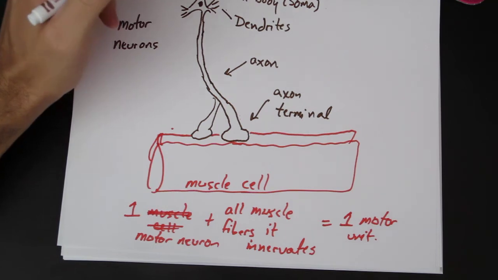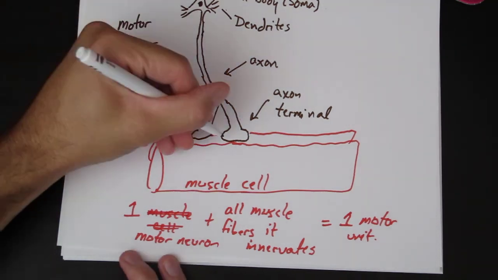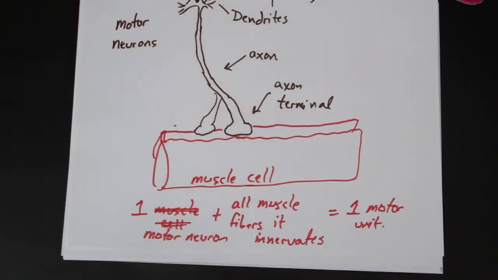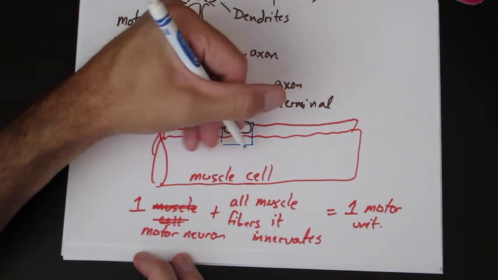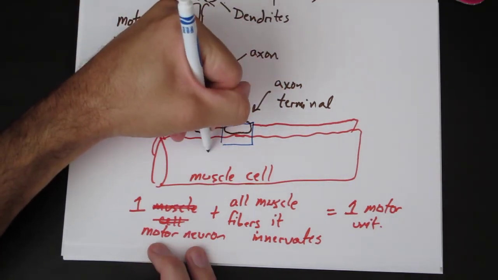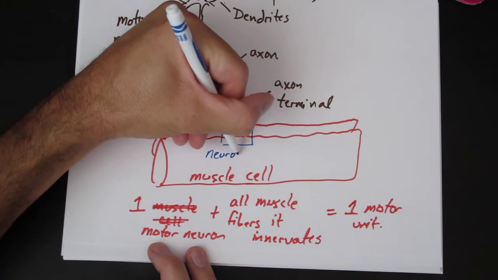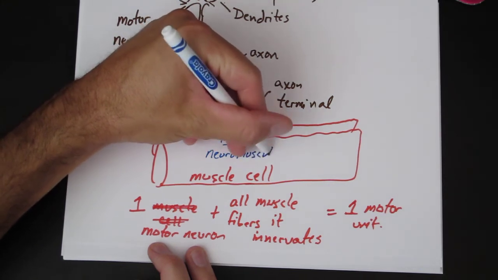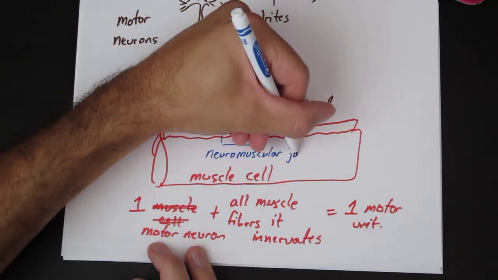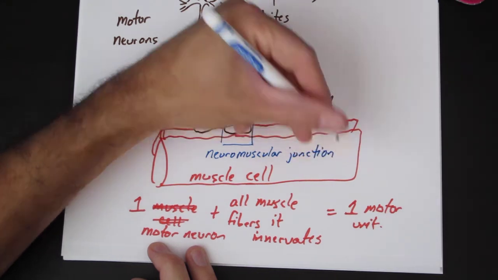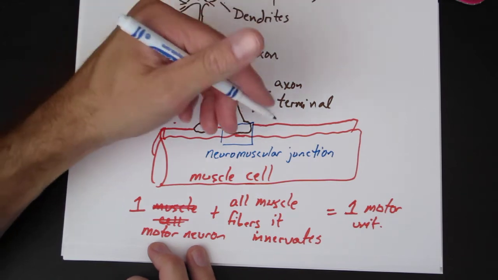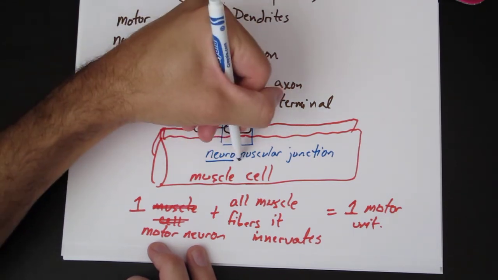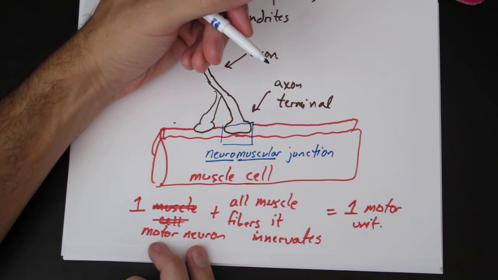What we're interested in right now is what's happening at this place right here, where the axon meets up with the muscle cell. This particular area is called the neuromuscular junction. It's called that simply because it's where the nervous system and the muscular system come together.